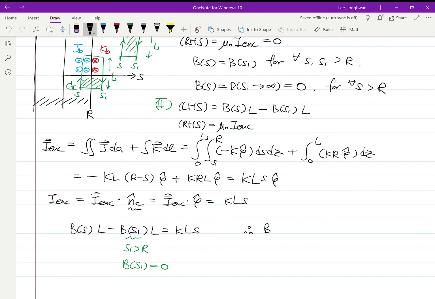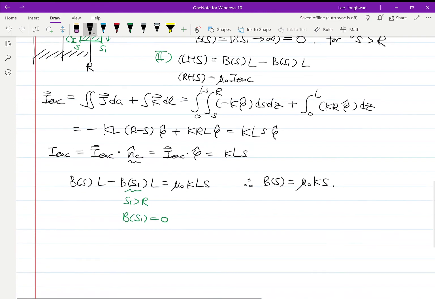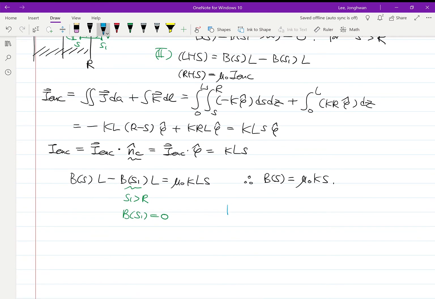So you can find the unknown B S inside the cylinder to be mu naught K S. Mu naught K S. So we can write down the B field answer in vector form, inside the cylinder and 0 outside the cylinder.